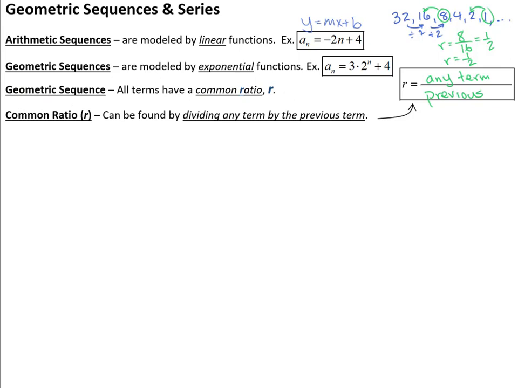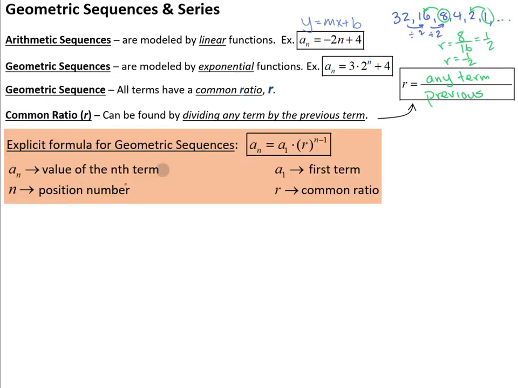Here is a formula that we can use to find any term in a geometric sequence that is n terms away. So n here is our position number, right? Like 32 would have been the first term, 16 is the second, 8 is the third, fourth, fifth, etc. So if I wanted to find the 100th term, which will obviously be some sort of fraction, if we keep dividing by 2 or multiplying by 1/2, we can use this nice formula.